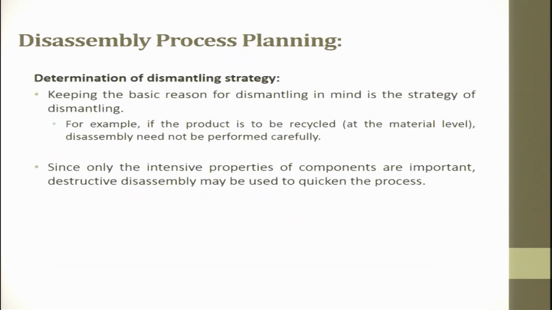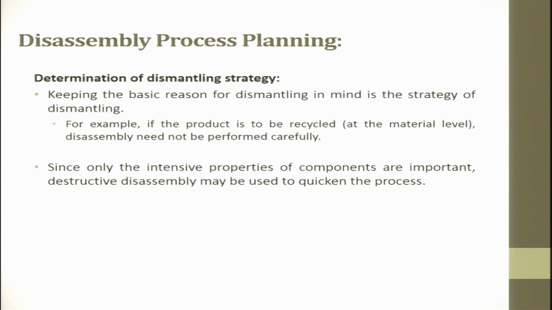Determination of dismantling strategy. Keeping the basic reason for dismantling in mind is the strategy of dismantling. For example, if the product is to be recycled at the material level, disassembly need not be performed carefully. For example, I am trying to completely take an iron hollow box, and inside the hollow box I have a shaft and a gear.